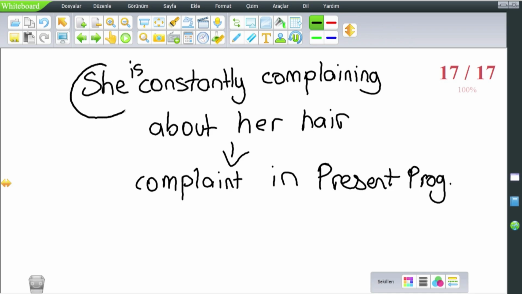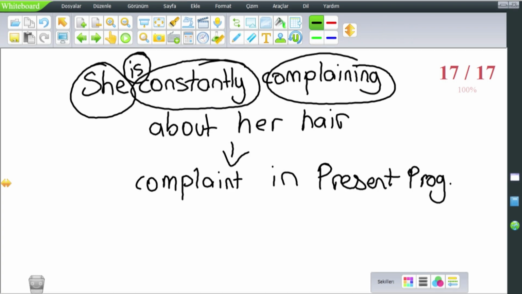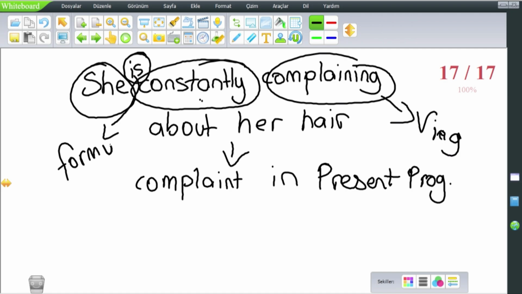This is my subject, my form of be, my time phrase, and my verb ing. This time phrase is between my form of be and verb ing. Sürekli durmadan saçı hakkında şikayet ediyor.